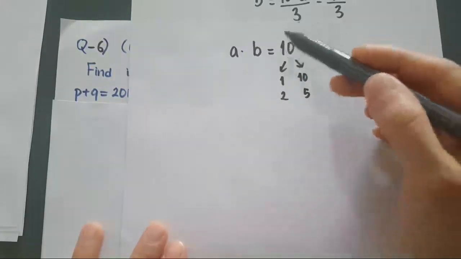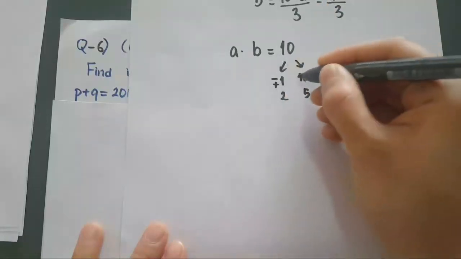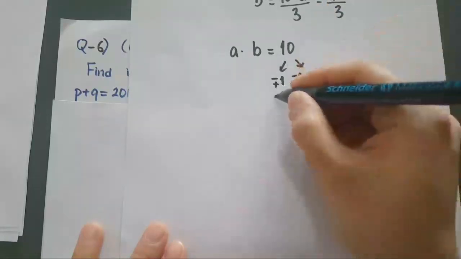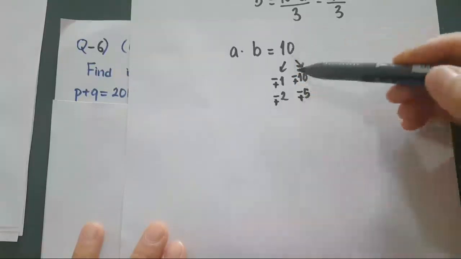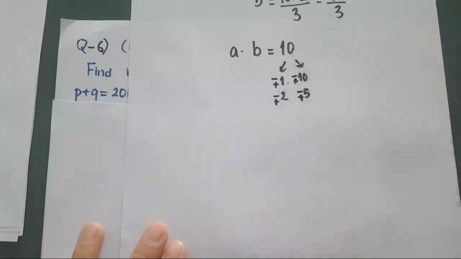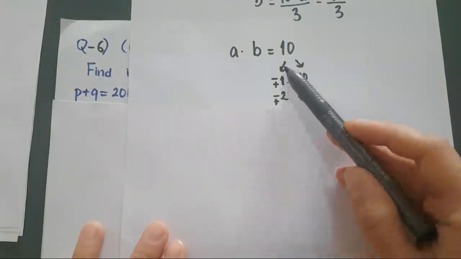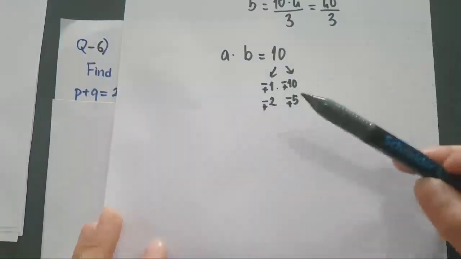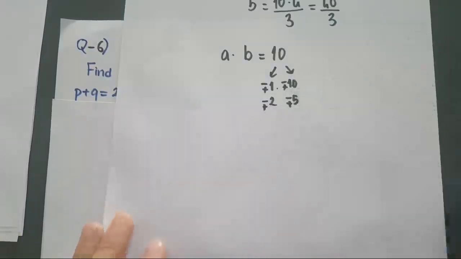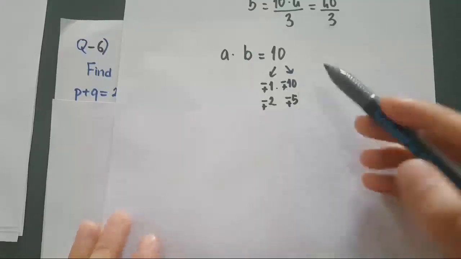In the set of integers, you also have to check positive and negative numbers, so the factors of 10 are positive and negative 1, 10, 2, and 5. In the set of natural numbers, you do not check the negative ones, so you have only 4 possibilities. In the set of integers, you have 8 possibilities.